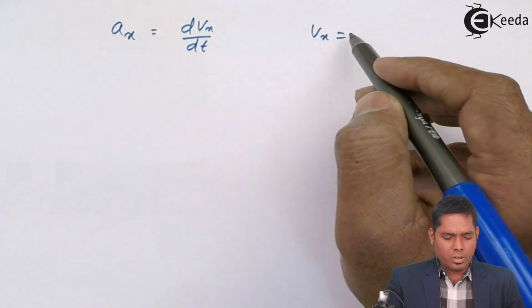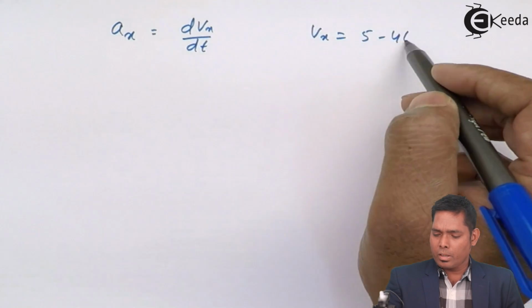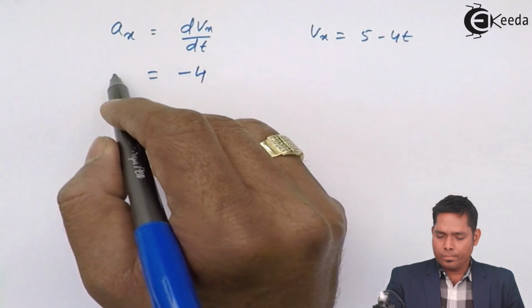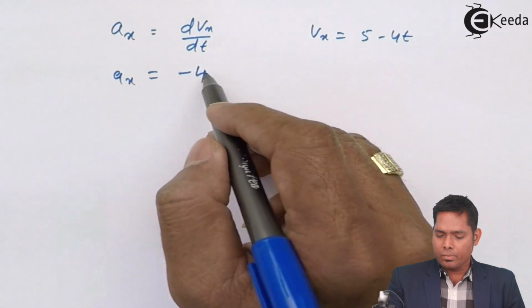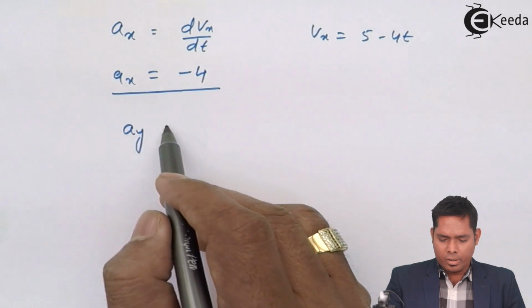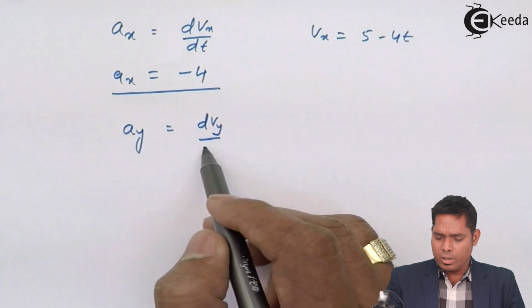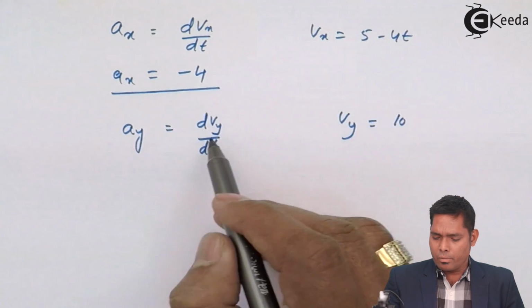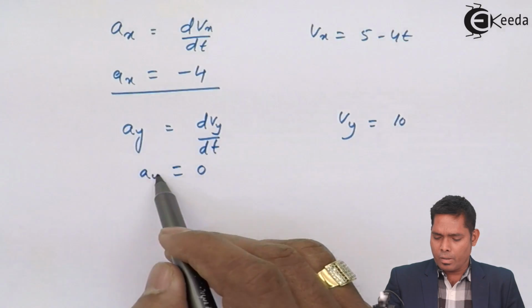Vx we already got, it is 5 minus 4t. If I differentiate that, I will get minus 4. Similarly, ay is dvy over dt, and vy is 10, so the derivative is 0, so the ay part is 0.